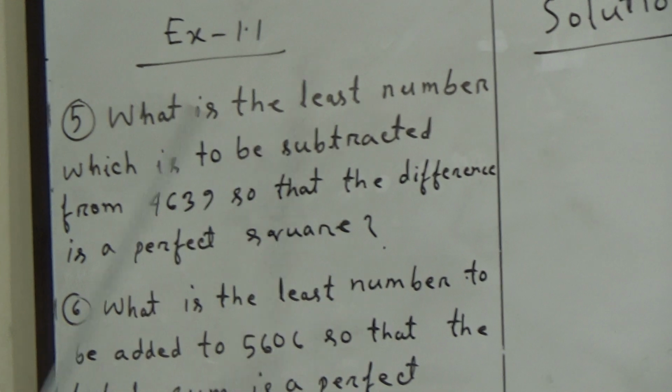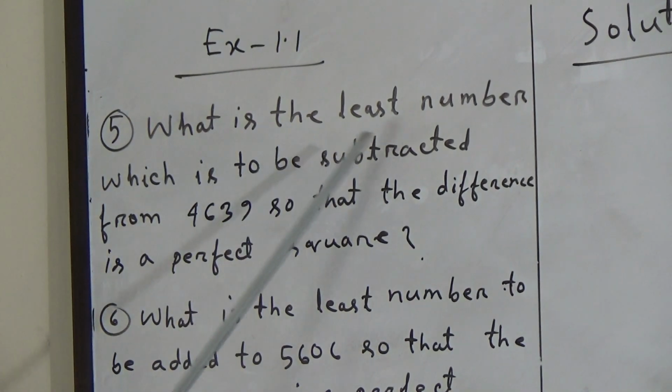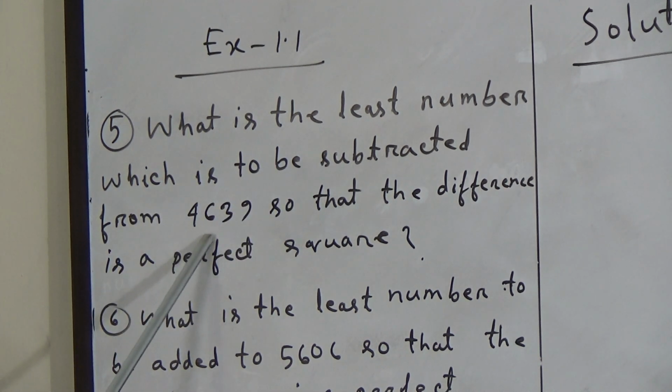Here the question is, what is the least number which is to be subtracted from 4639 so that the difference is a perfect square? Dear students, here 4639 is not a perfect square.